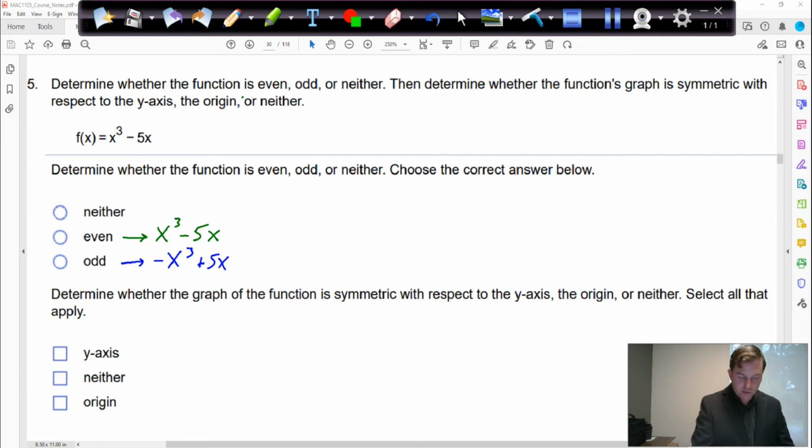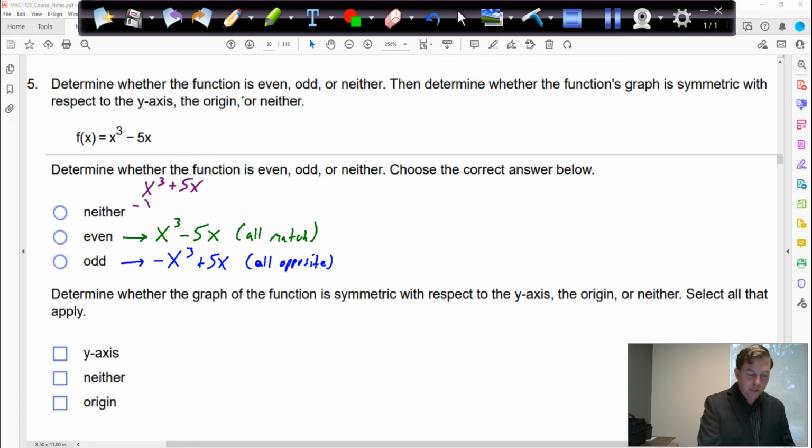So notice that this is completely opposite, all opposite. This one is all match. And then this one would be a part match. So it might be x cubed plus 5x. So the first two match, but the second two don't.